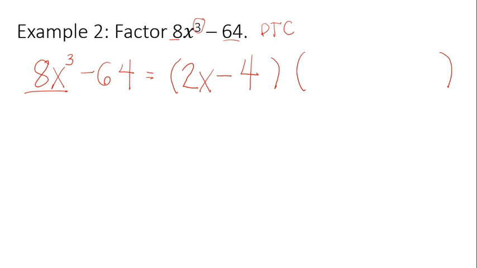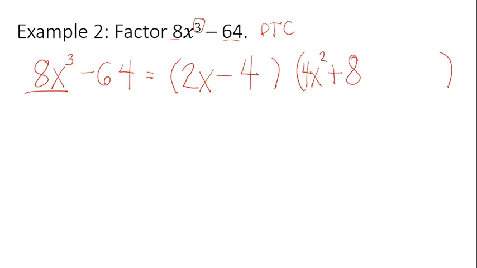Next, let's get the trinomial factor. Square the first term of the binomial factor, that is 2x times 2x, or 2x squared. The answer is 4x squared. Then the opposite of sign of minus is plus. Then multiply 2x and 4, that is 2x times 4.